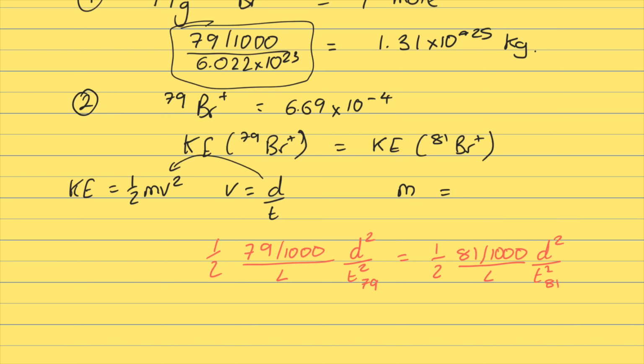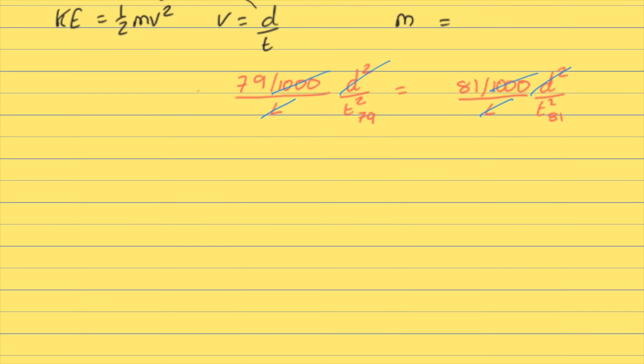Okay, so the next thing I'm going to do is cancel out like terms. I'm going to simplify this equation down. Anything that appears on both sides of the equation I can cancel. So I've got a half, didn't mean to delete that, but I have, and a half there, so I'm going to cancel those out. The Avogadro's number is on both sides, 1000 is on both sides, and the distance is on both sides. So I've really cancelled down quite a lot of this equation.